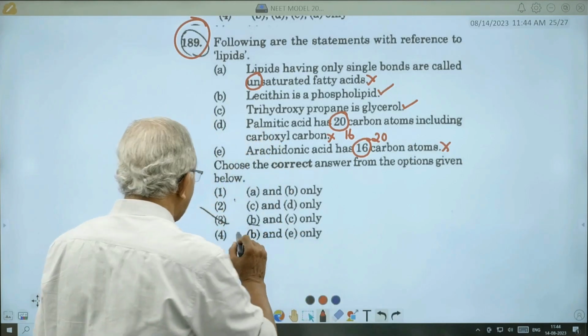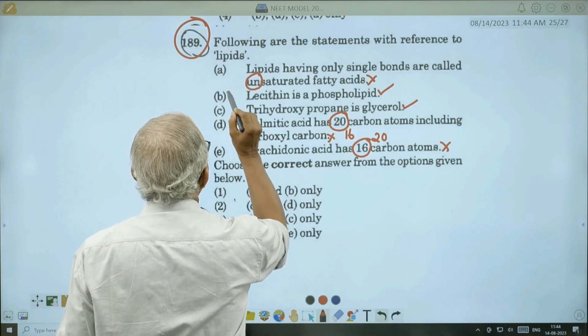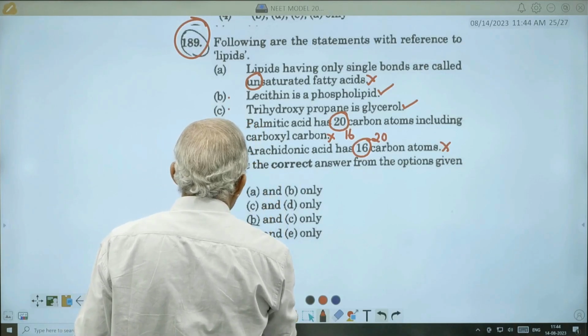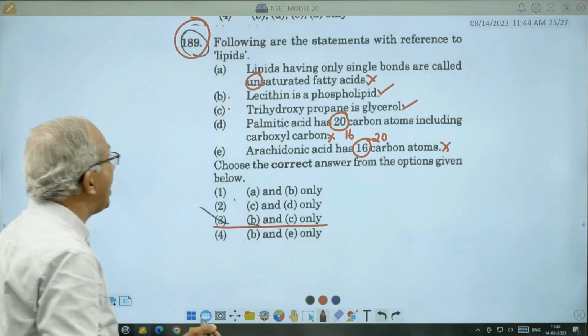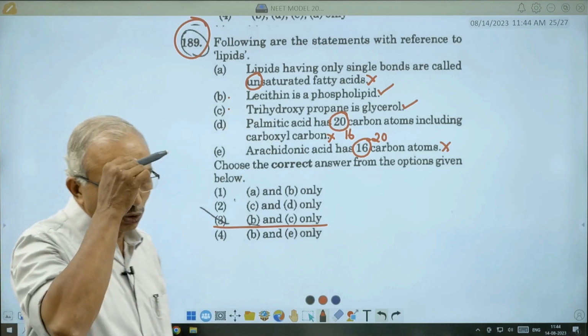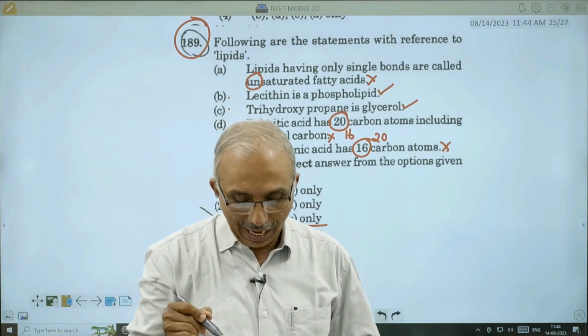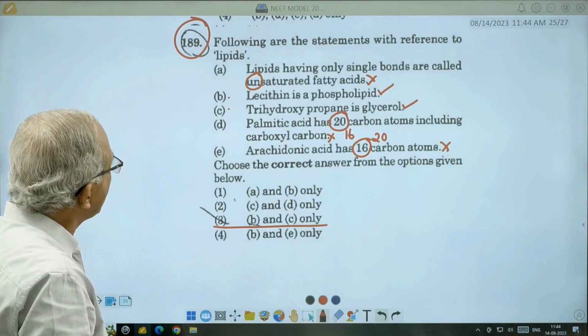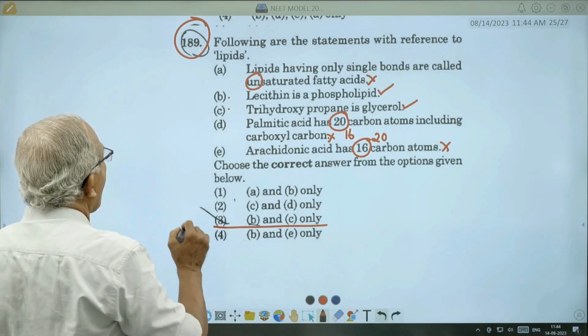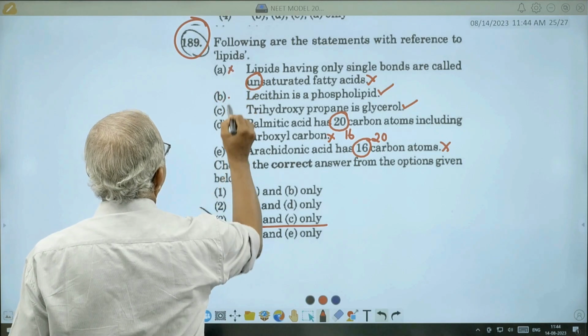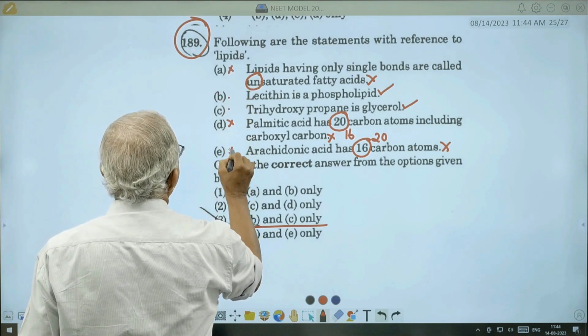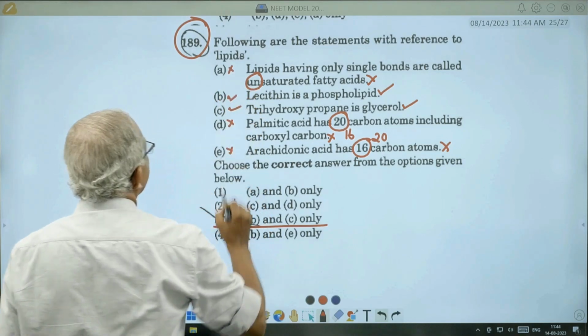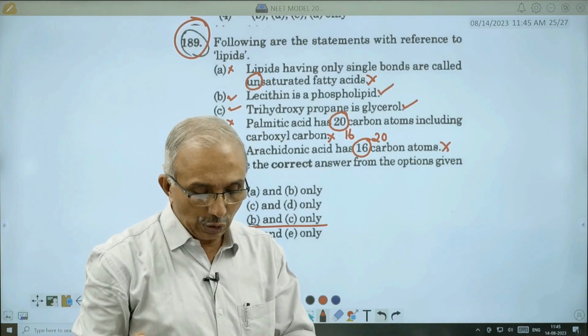The correct ones are B and C. Answer is 3. B and C only. A is wrong. D is wrong. E is wrong. B and C are the only correct ones.